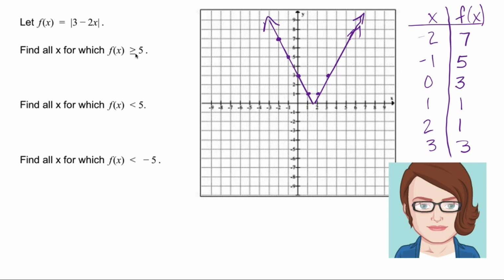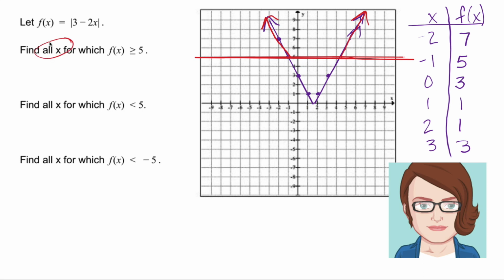Well, that 5 represents the output, and output is our y values. So when is the purple graph greater than this red line? Well, up in this direction on both sides.